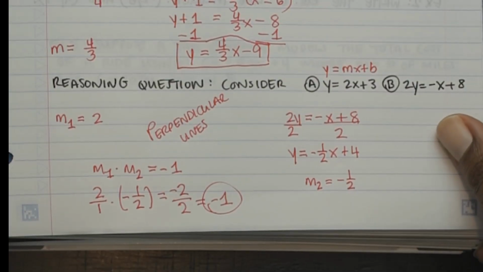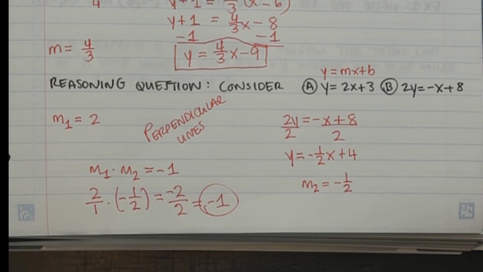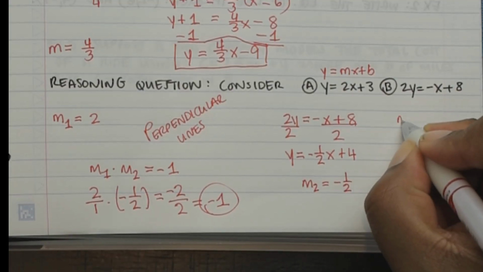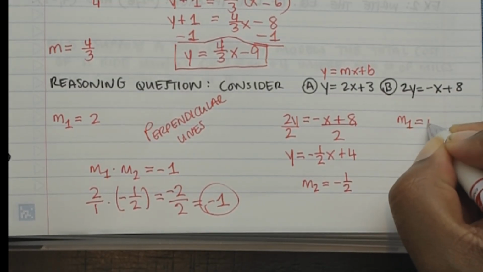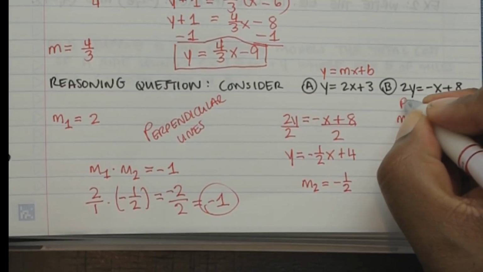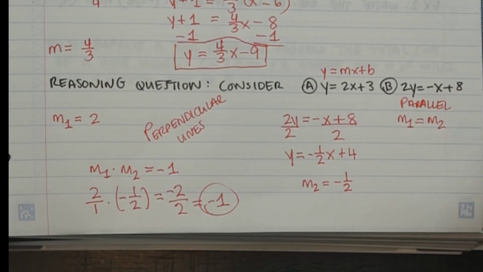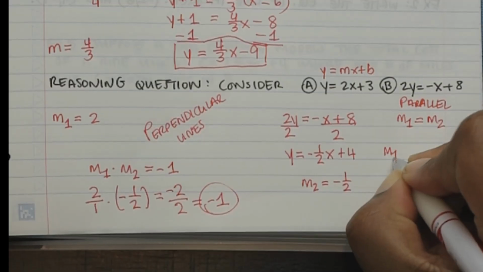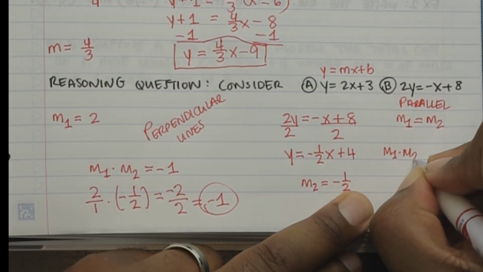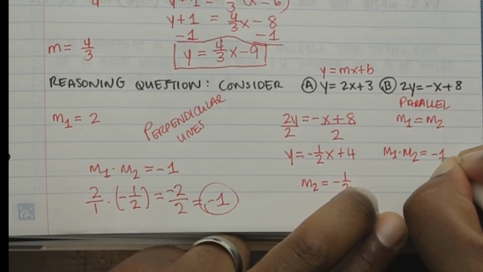So just a final review, parallel lines are m sub 1 equals m sub 2. This is parallel. Perpendicular lines are m sub 1 times m sub 2, and they must equal negative 1.